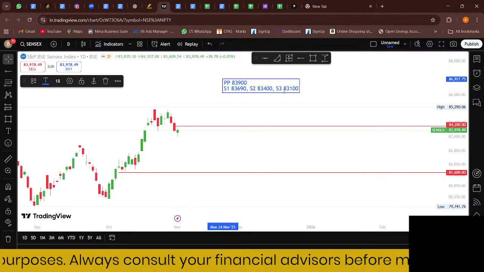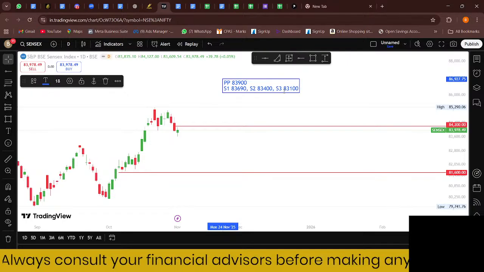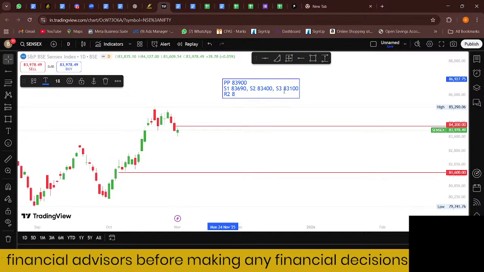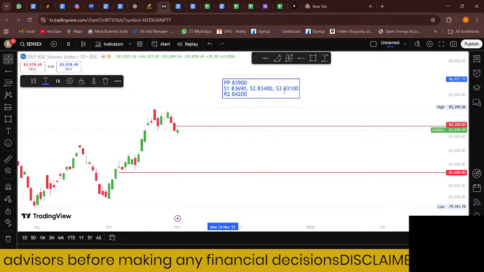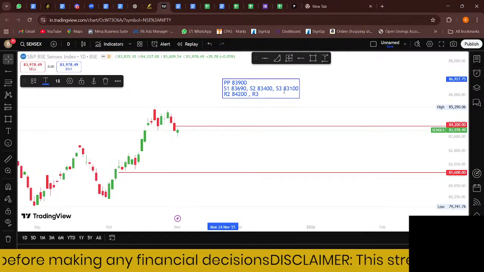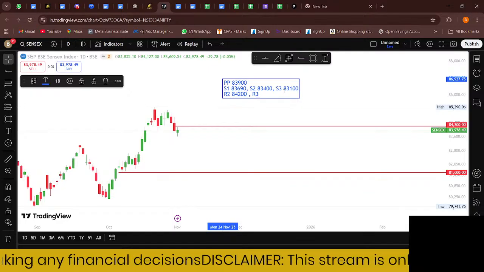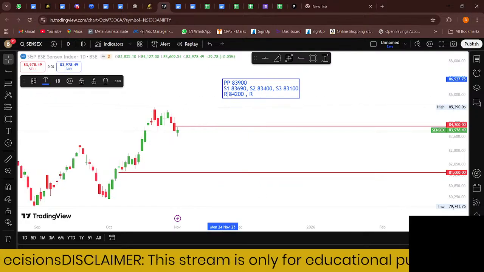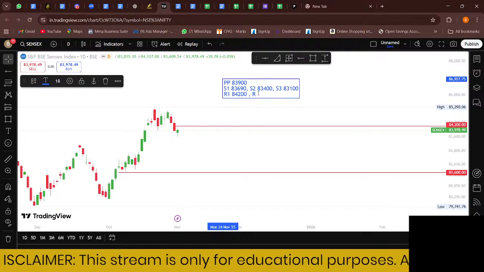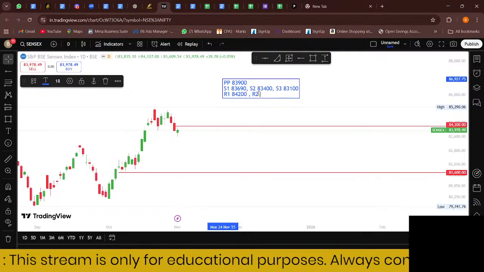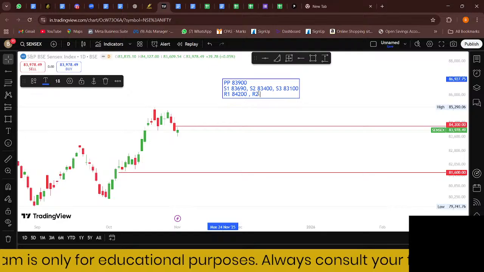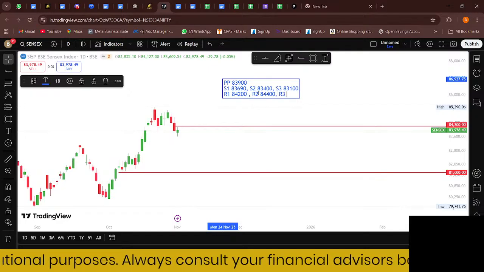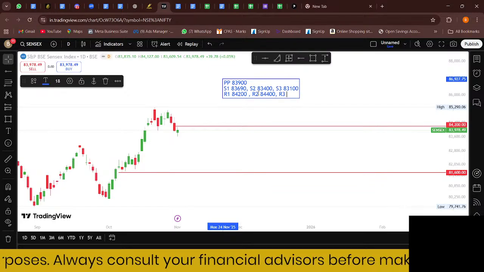83,100 will be the three support levels, and R1 will be at 84,200, and R2 will be at 84,400, and R3 will be at 84,700.